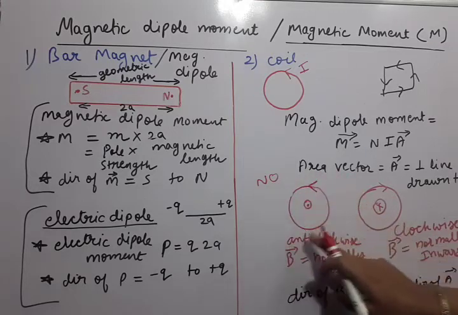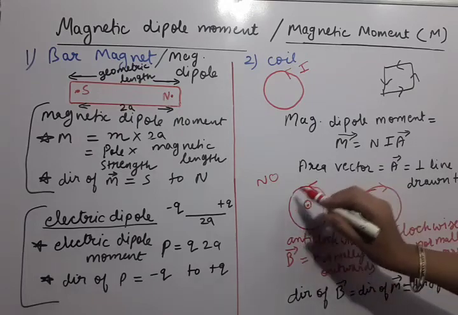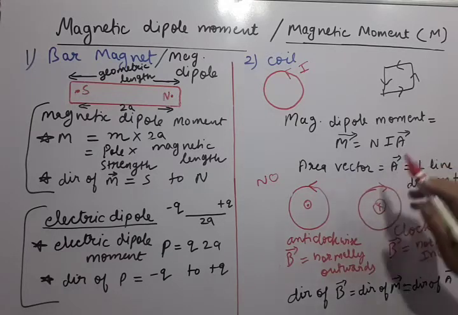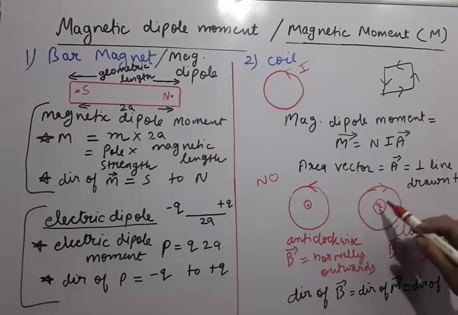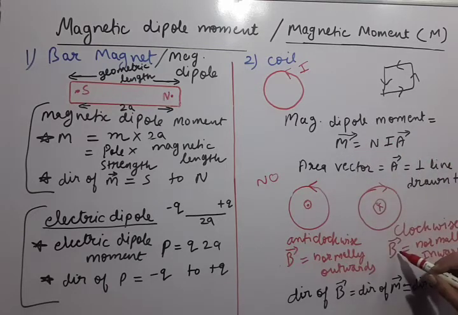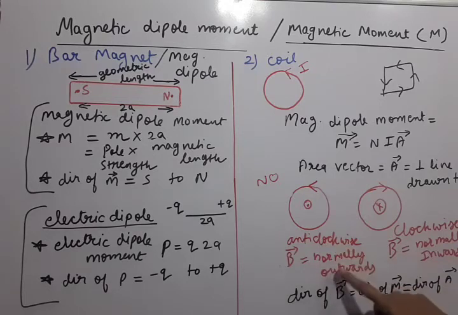For anti-clockwise direction of current, magnetic moment or area vector or magnetic field B vector, all are normally outwards. And for the clockwise direction of the current in that coil, M vector, A vector or B vector, all are normally inwards. This is the simplest technique to remember these directions. So remember at least one part: anti means normally outwards. Okay.